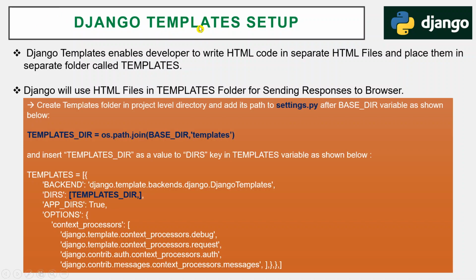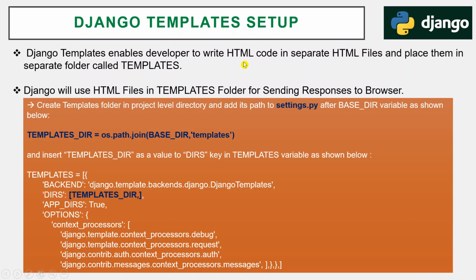Okay, so the templates concept is Django templates enables developer to write HTML code in separate HTML files and place them in a separate folder. That folder is called templates. Okay, so this is the system where the flexibility and the isolation comes into the picture.